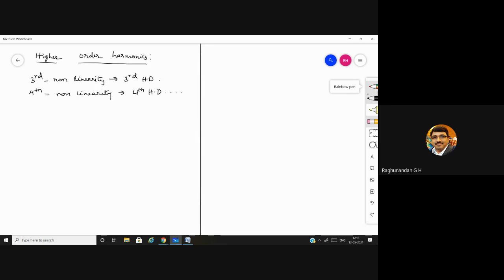If, even though you are increasing the input, the output is not increasing with respect to the input, it might decrease, it might increase, you cannot predict it, and it is not in proportion with the input. Such kind of devices are known as non-linear devices. There, the output cannot be predicted based upon the increase or decrease in the input. So that is the non-linearity.